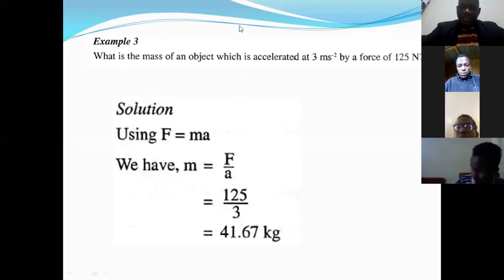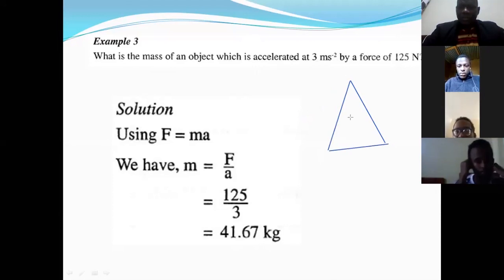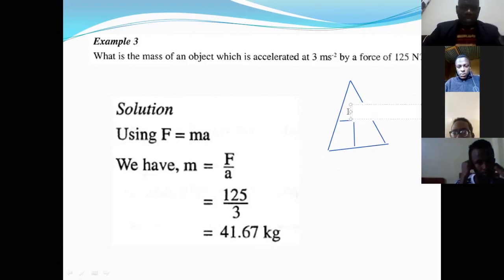And I want to believe that we know how to use the triangle of formula. Please remember to use the triangle formula. This triangle is normally very useful. So like now in this case, we are talking about force. So you can put F up here, is mass times acceleration. Mass there.